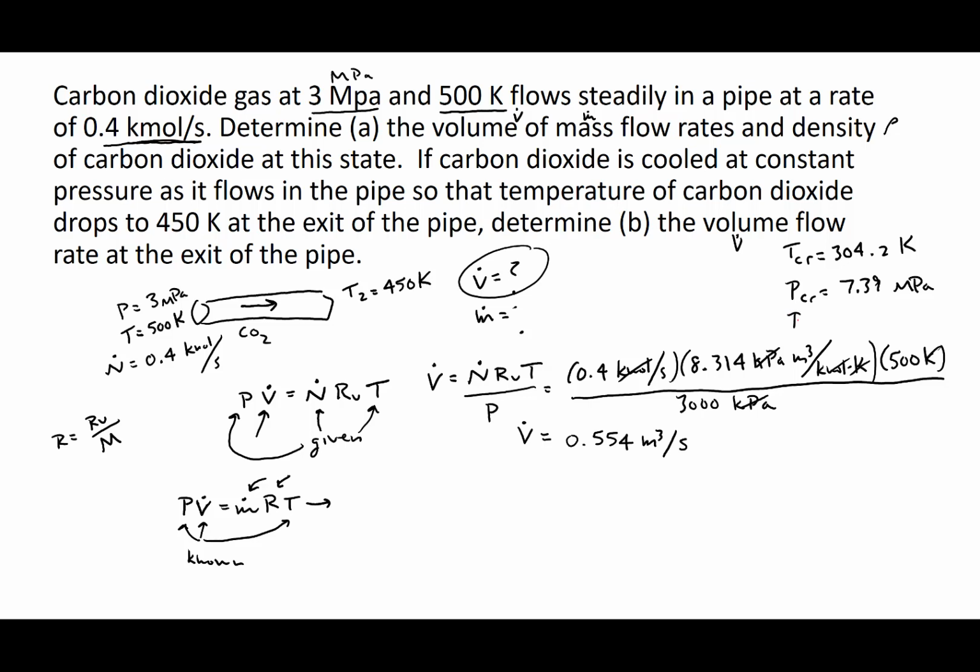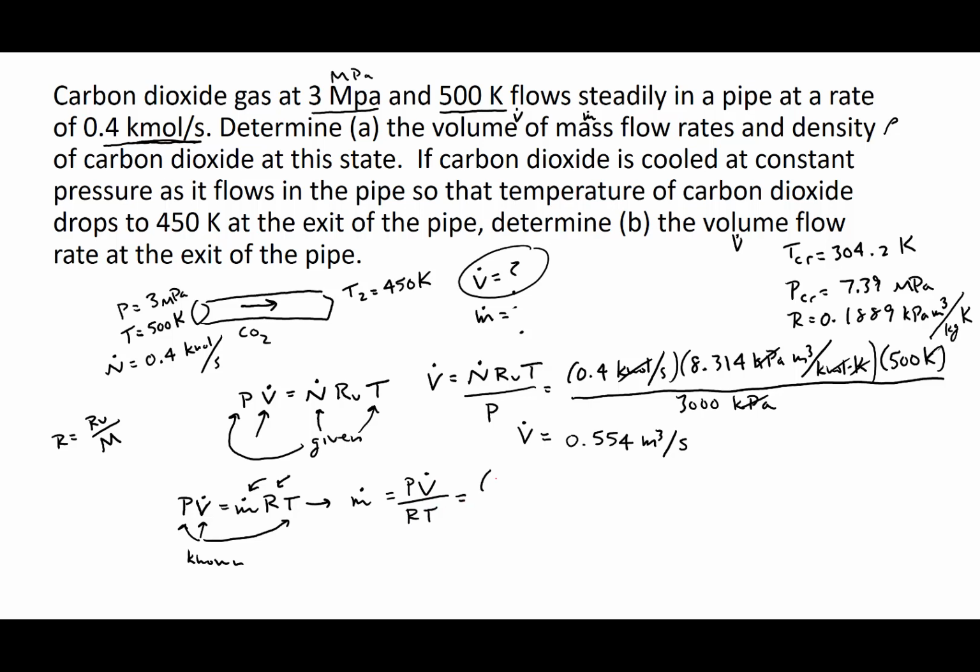So R, and I'm going to write this over here with our other data, is equal to 0.1889 kilopascal meters cubed per kilogram K. So let's solve this equation for the mass flow rate. The mass flow rate is equal to P multiplied by the volumetric flow rate divided by RT.